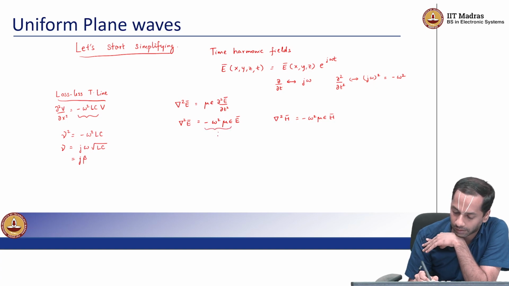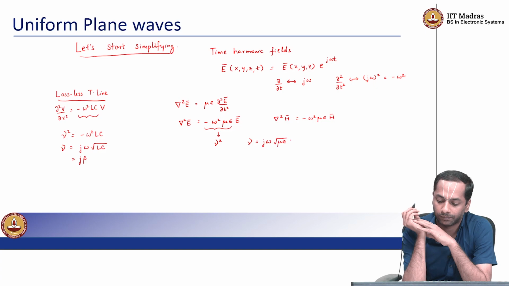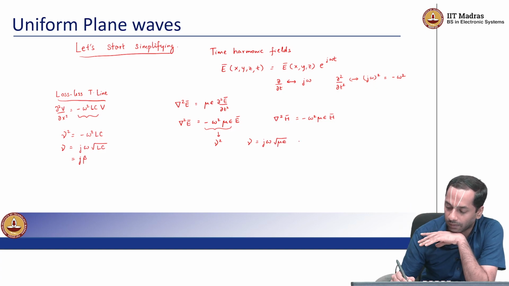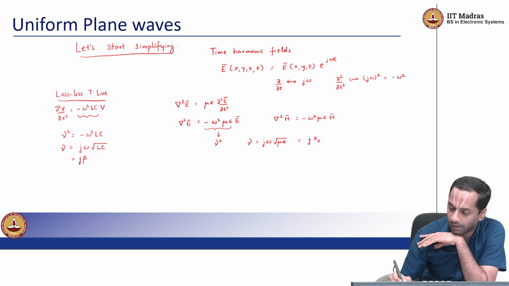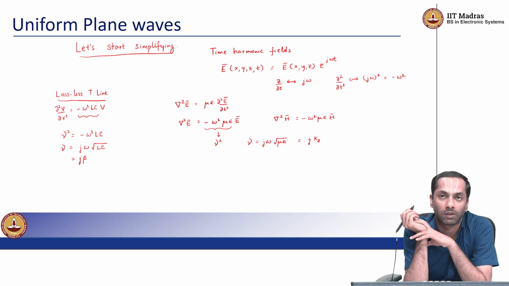We can call this the propagation constant gamma squared, which means gamma is equal to j omega square root of mu times epsilon. We are going to call this j times kz. You will understand this shortly.